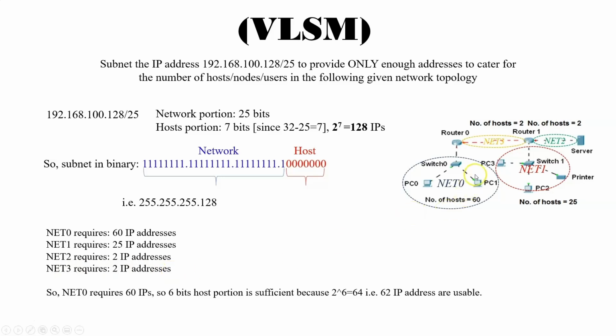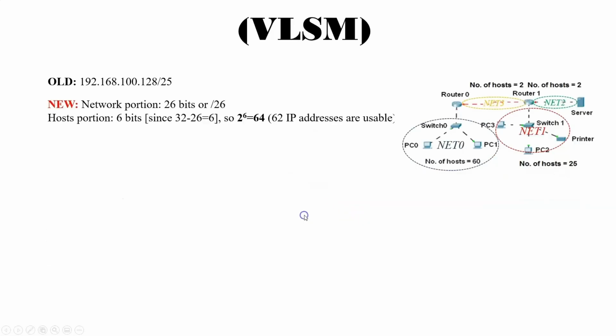Okay, so we will try to subnet from this given network, making sure that the first network, N0, which is the biggest, is sufficient and accommodates its hosts. To do that, we need to borrow bits. How do we borrow bits?